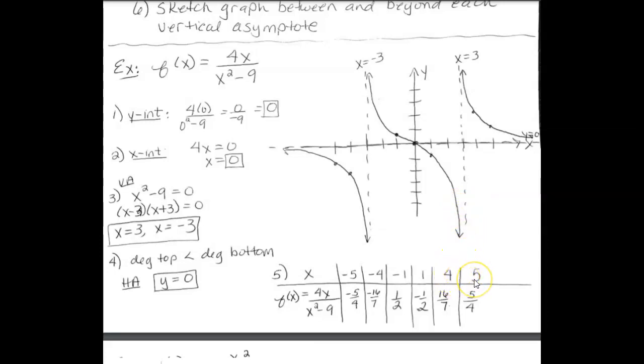And then 4 and 5 are just a couple points on the other side of x equals 3. So 16 sevenths, when I plug that in, is a little bit bigger than 2 right here. And then 5 fourths is 1.25, so it's about right here. We can see this section of the graph filling in up in this quadrant over here.